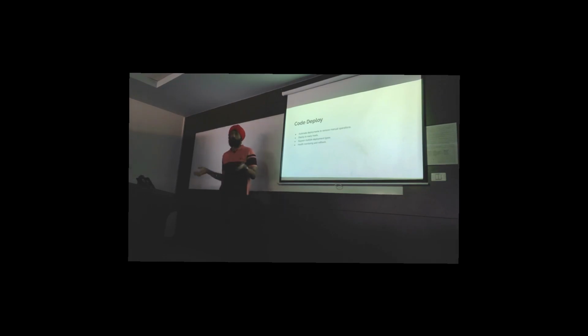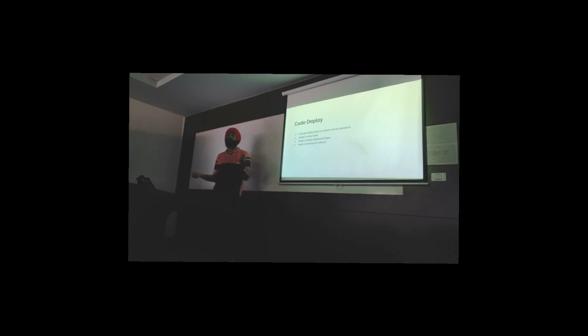CodeDeploy allows you to automate the deployments. If you want to have specific types of deployment, for example, you do not want to deploy to all machines at once, or you want to spin up some dev instances and deploy to them before actually pushing to production, you can do that here. CodeDeploy also allows you to do some health monitoring and feedback.